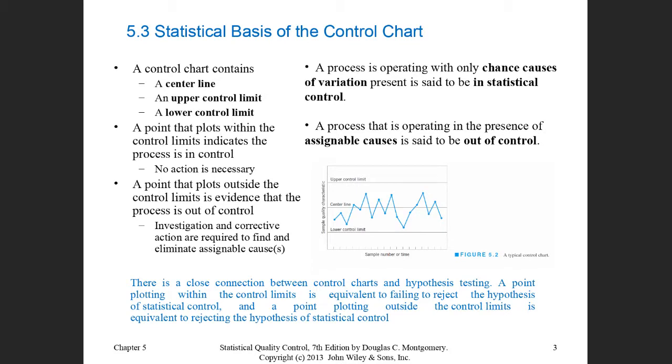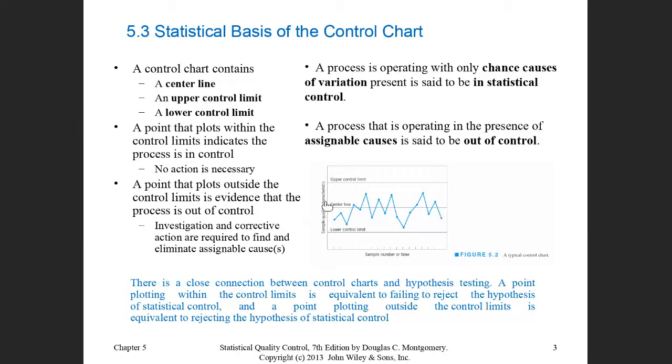A control chart, as you see here, is a drawing that shows a plot of readings within boundaries. Those boundaries we call the control limits. This is the upper control limit, this is the lower control limit, and this is the center line.